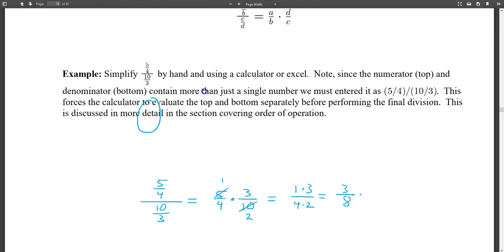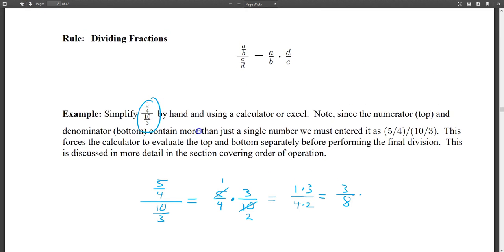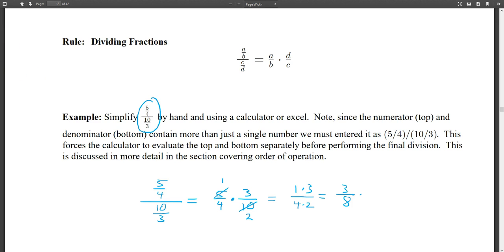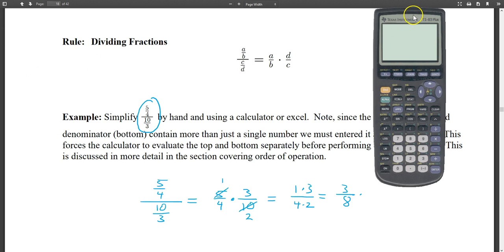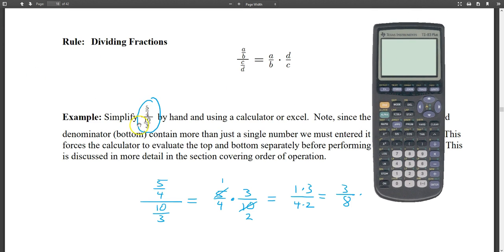Now, let's evaluate that on a calculator as well. Okay, so let's bring up a calculator. We have to be careful when we do this on a calculator. Remember the rule that we mentioned before in one of our previous videos. If you have a fraction and anything in the top or bottom is more complicated than just a single number, put it in its own set of parentheses.